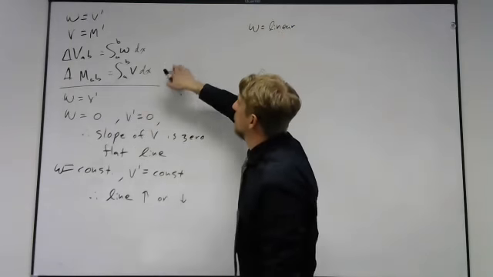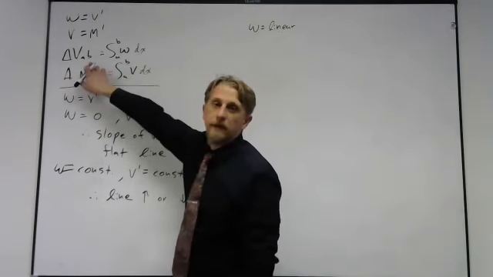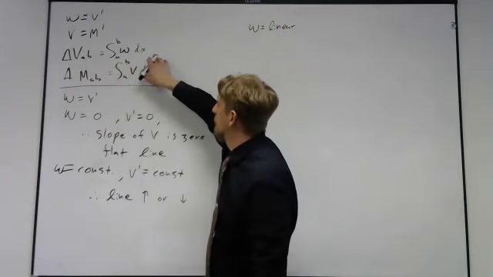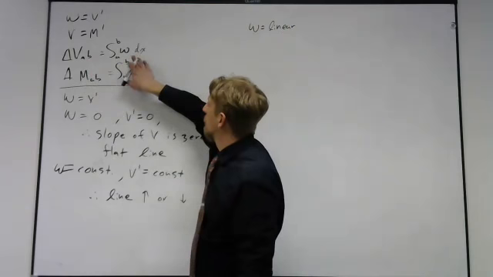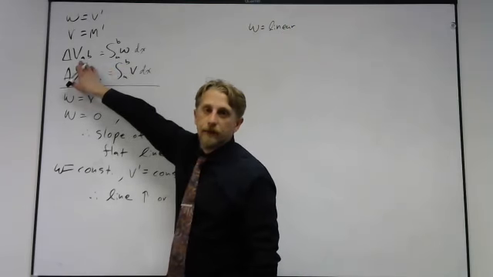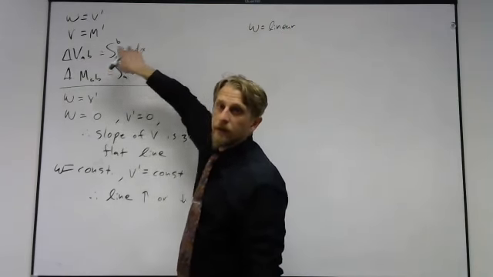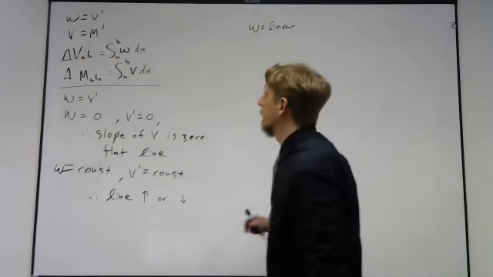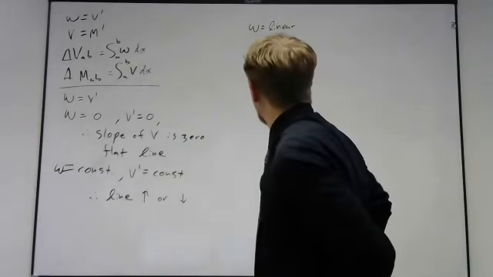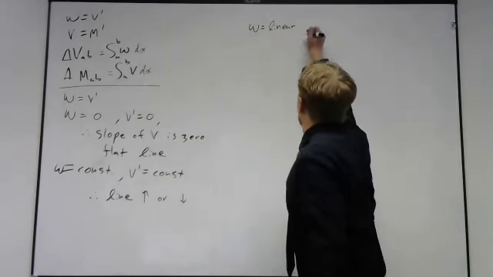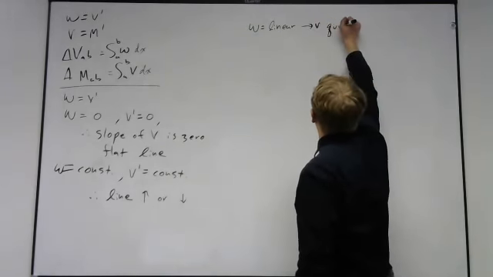You can also see over here, w is linear, V is going to be quadratic. If I have 0, I'm going to get a constant integration. Constant, I'm going to get a linear term. Linear, I'm going to get quadratic. If we integrate, we're upping the order. So if w is linear, then V is quadratic.